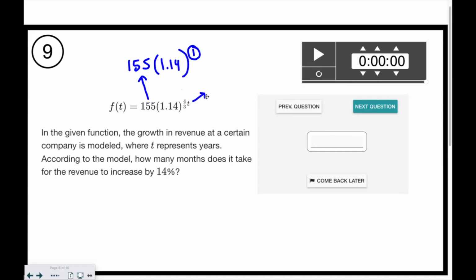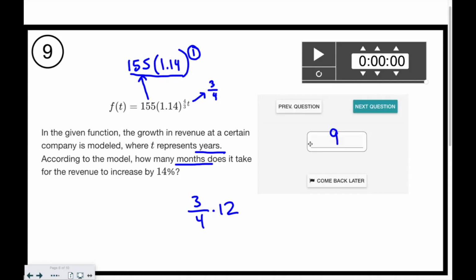And hopefully we can see that if I just make t 3/4, because anything times its reciprocal is going to give me the 1, then 3/4 times 4/3 is 1, and I will be doing 155 times 1.14, which will give me the 14% increase. So seemingly the answer is 3/4, but we do have to be careful because that's in years and they want months. So we do 3/4 times 12, which is 9. So 3/4 of a year is really just 9 months. So in 9 months, we will be increasing by 14%.